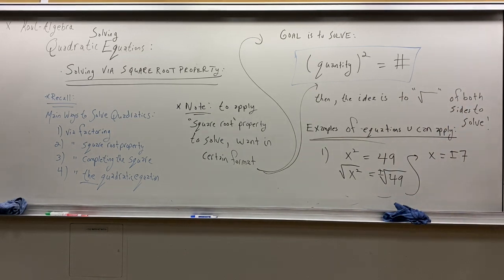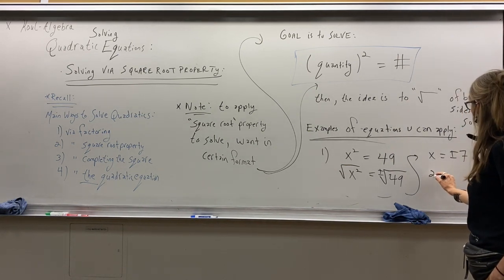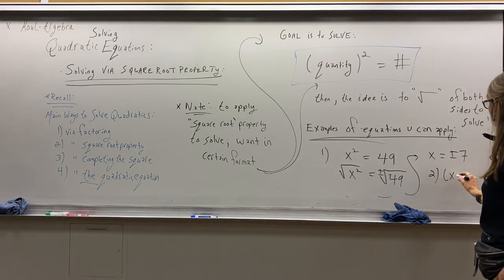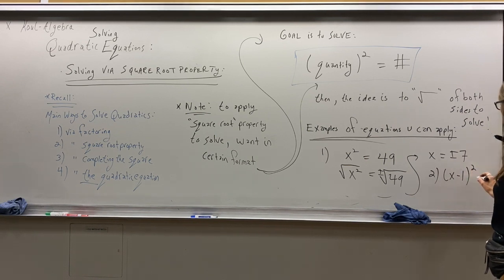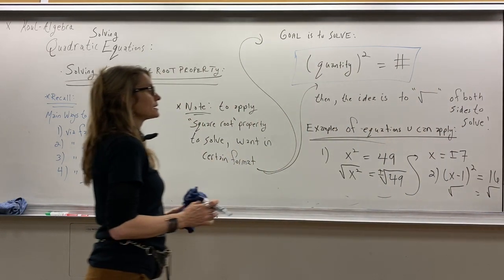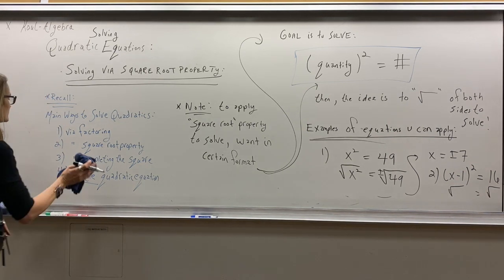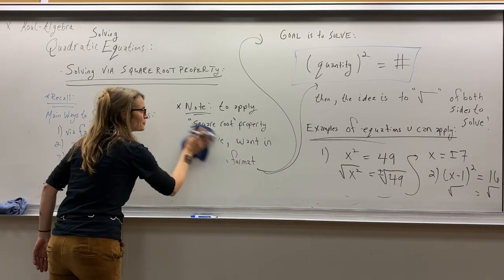That's one that you can apply right off. But other equations where you could apply the square root property, is you see it in this sort of format, x minus 1 squared equals, let's say, 16. I could just take the square roots of both sides and solve it. So let's go ahead and apply that to some equations that exhibit this setup, this format.